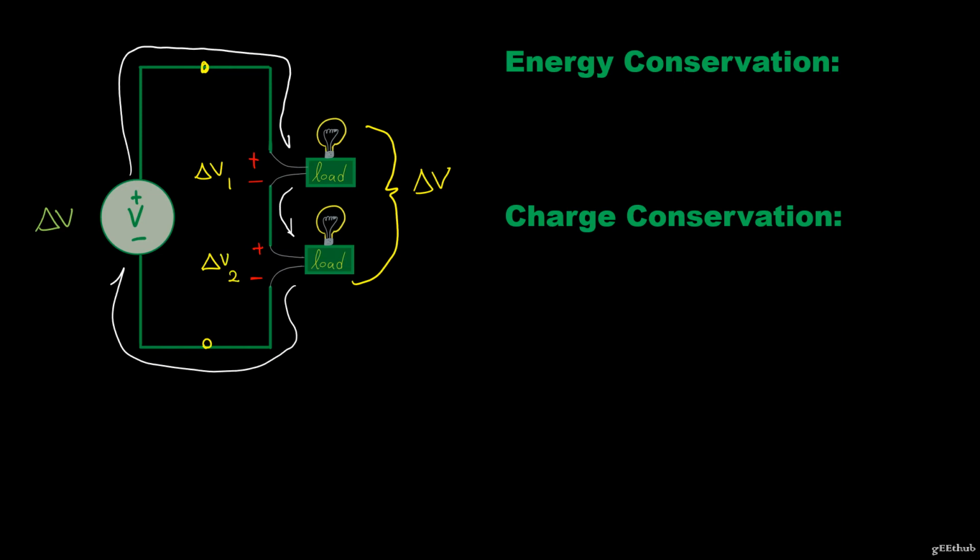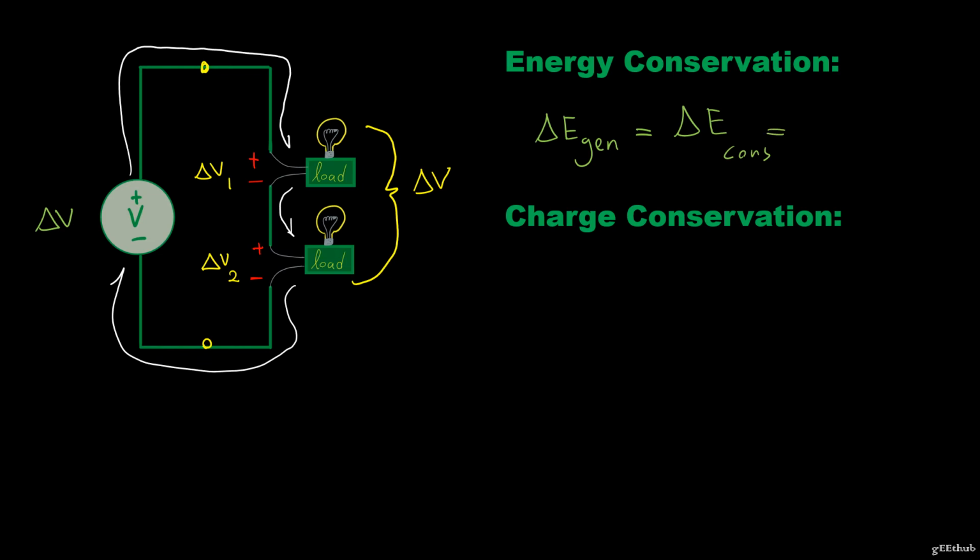And my goal over here is to create an equation connecting the generated potential energy to consumed potential energy. And from my energy conservation, I know that generated energy in a confined circuit here must equal the energy consumed.